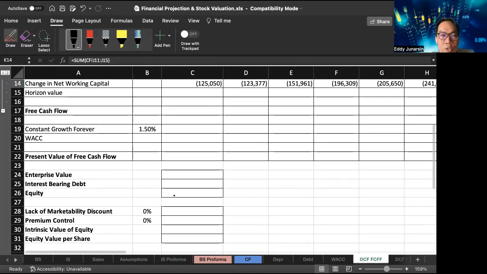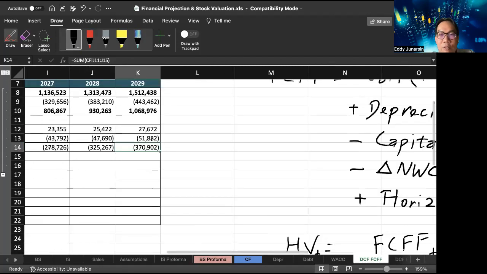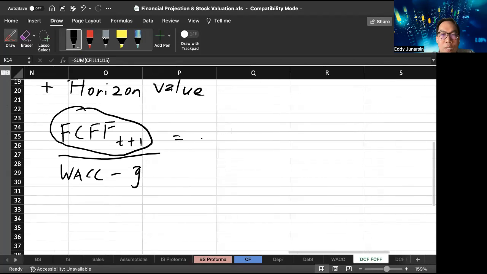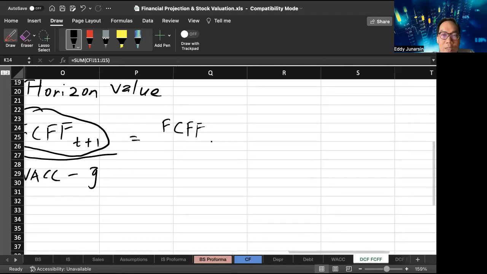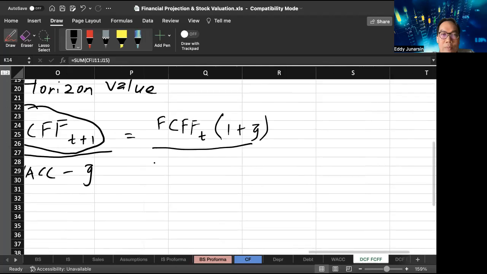And I think in our story here, the constant growth rate forever is 1.5%. But the question is how to estimate this one. So the easiest way would be the free cash flow to the firm at time t, at the end of the analysis period, growing by the growth rate.